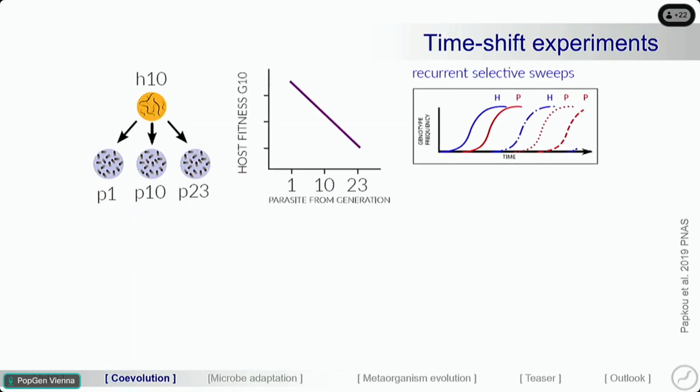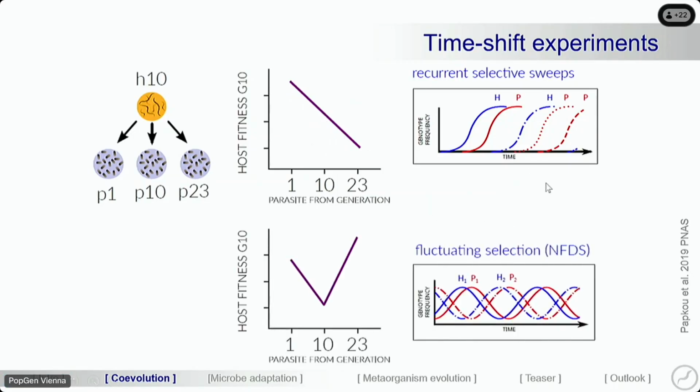And the assumption is that when there are recurrent selective sweeps, we should see a pattern like this of the interaction phenotype. So going in one direction, it could also go up, but it means that the antagonist from the future behaves differently to the pathogen from the time now and to the past. So for example, the pathogen in the future is better able to infect the host, and therefore the host has actually reduced fitness because it adapted over time via recurrent selective sweeps.